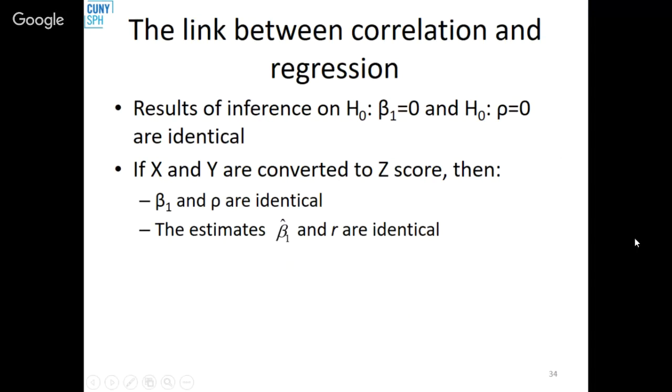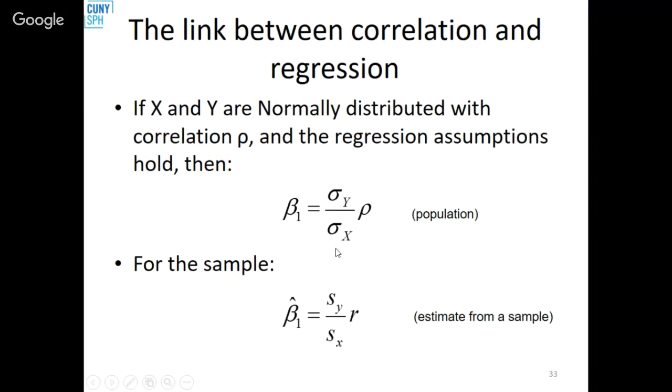The inference is also related. This is why I was saying that in practice, if you wanted a confidence interval on the correlation coefficient, this would probably be the easiest way to do it: do your linear regression and get your estimate for the coefficient and its confidence interval, and then just multiply that by the standard deviation of X over the standard deviation of Y to get the confidence interval on rho.